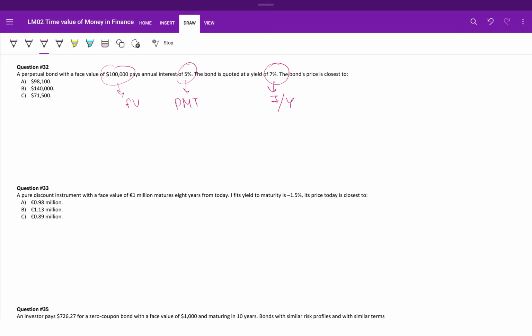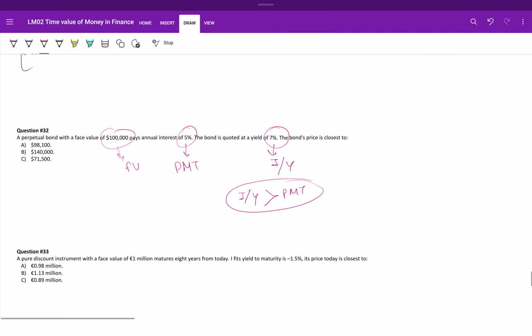So if you see here, the yield I/Y is greater than the coupon PMT. We have three options: 140, that's a premium, and both of these are actually discount. In this case, it's obviously not going to be a premium bond, because I/Y is greater than PMT, so it's going to be a discount bond.